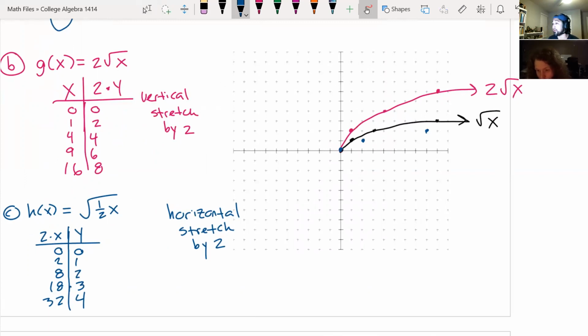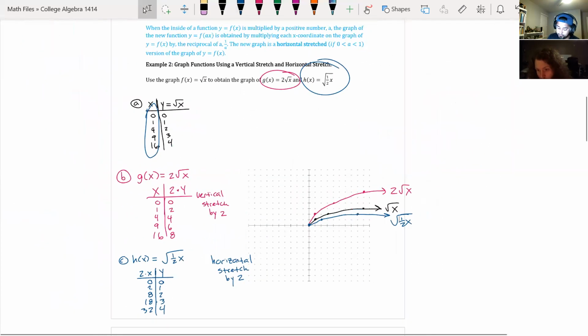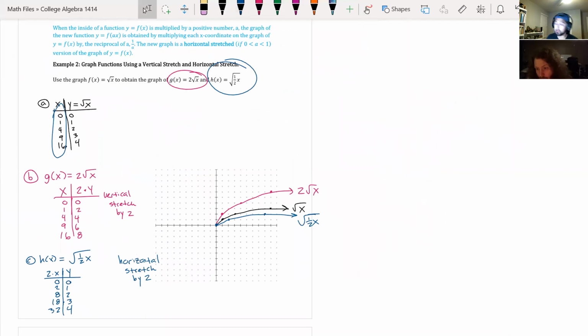And then the others won't fit. 18 and 3, 32 and 4. And there it is, guys. Those are vertical stretches and horizontal stretches. Any questions on that page?